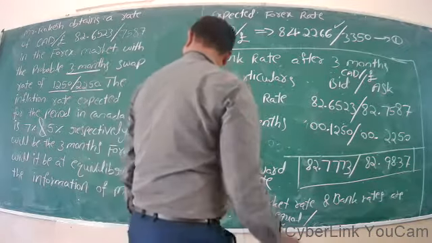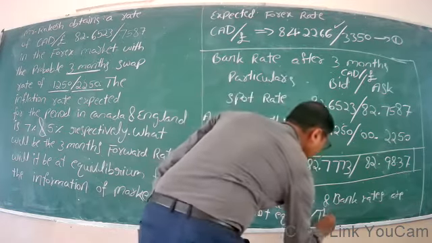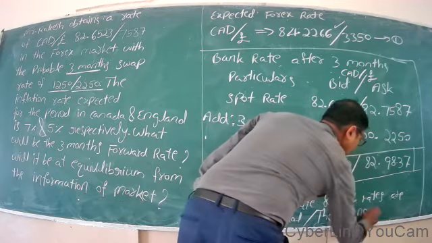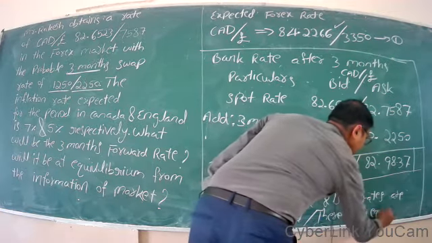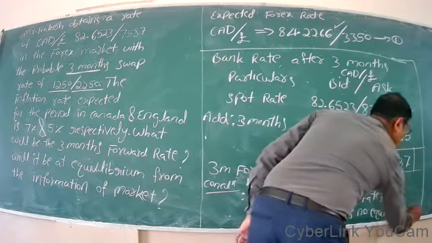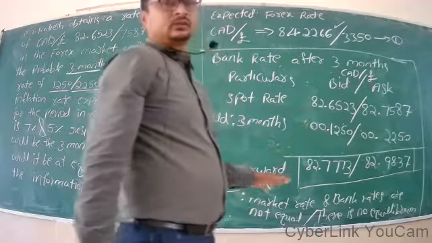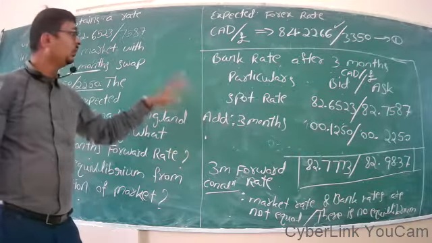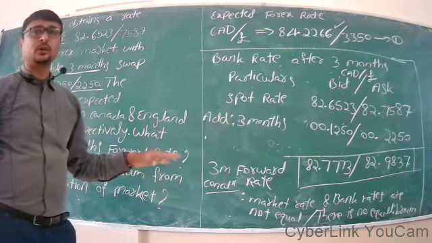So there is no equilibrium between market and bank. So that's how we solve such kind of problems.